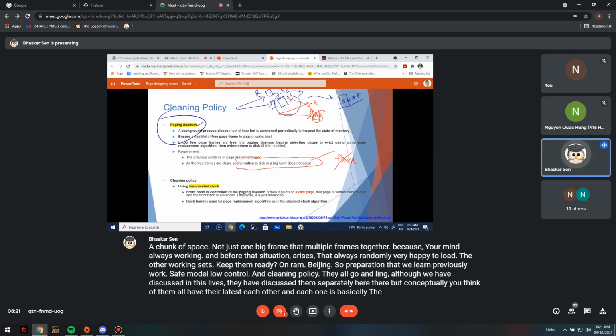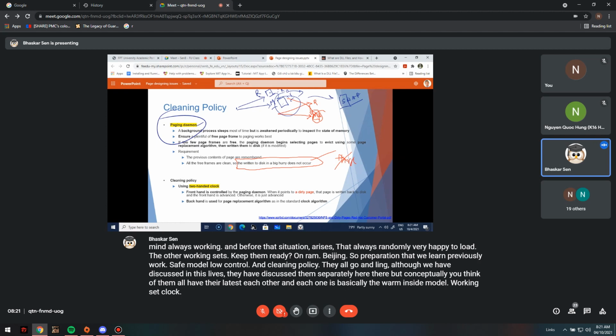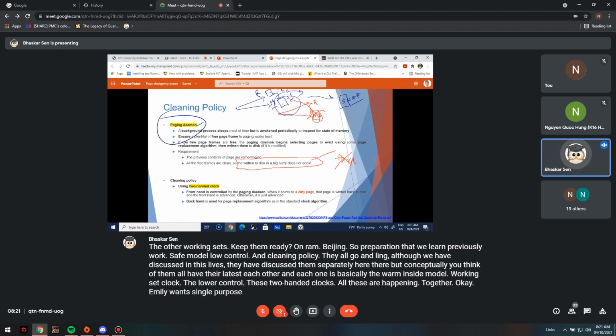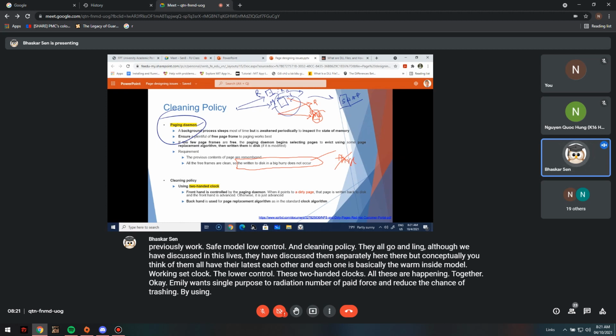The working set model, working set clock, the load control, and these two-handed clocks, all these are happening together with one single purpose: to reduce the number of page faults and to reduce the chance of thrashing by using pre-paging.